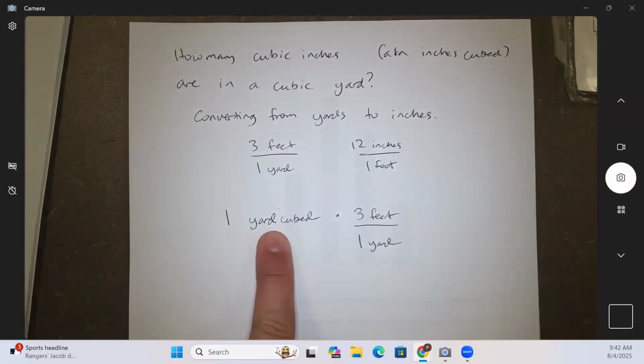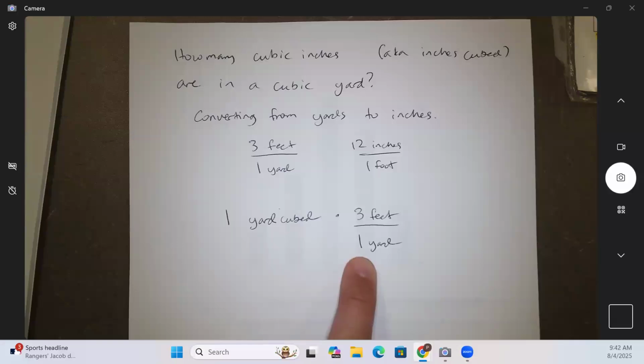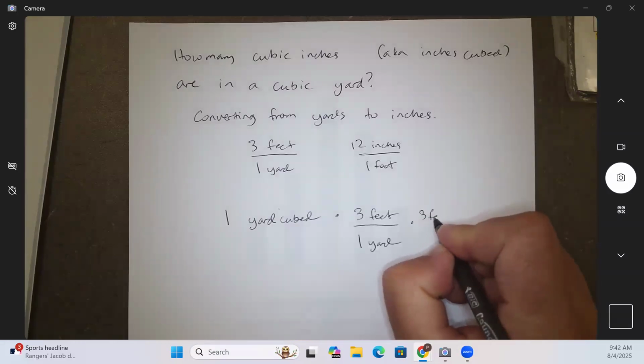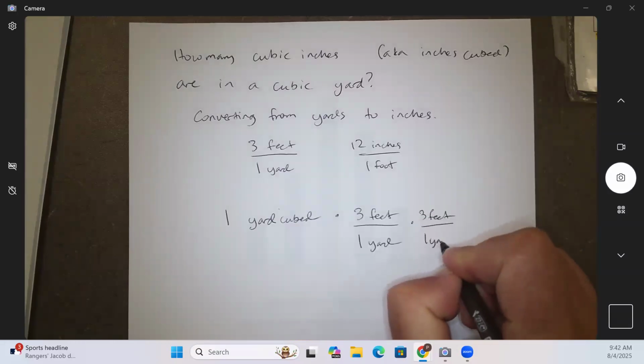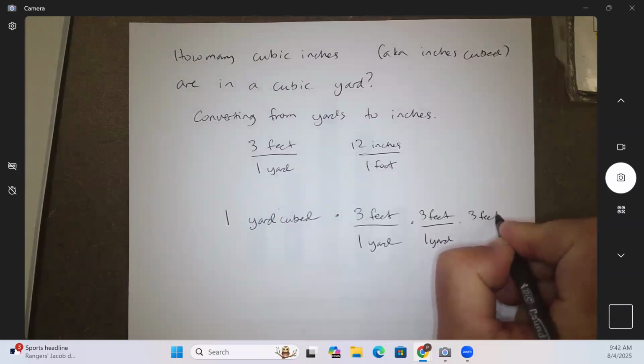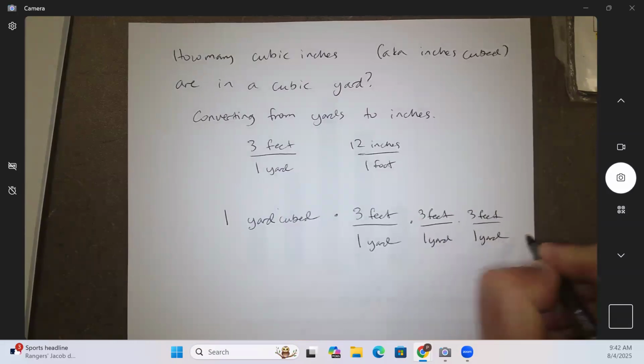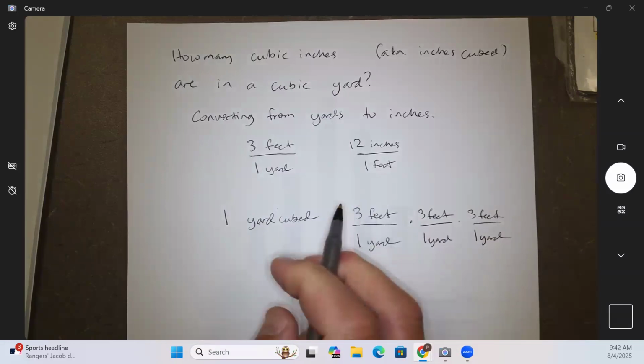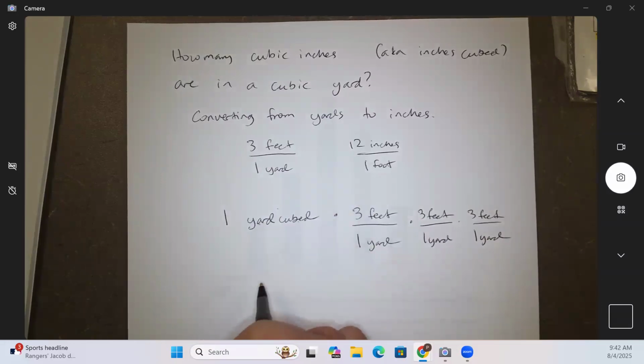But wait a minute, it's a yard cubed. So is multiplying it by 3 feet per 1 yard going to do the trick? No, I have to do it 3 times, because yard cubed means yard times yard times yard.